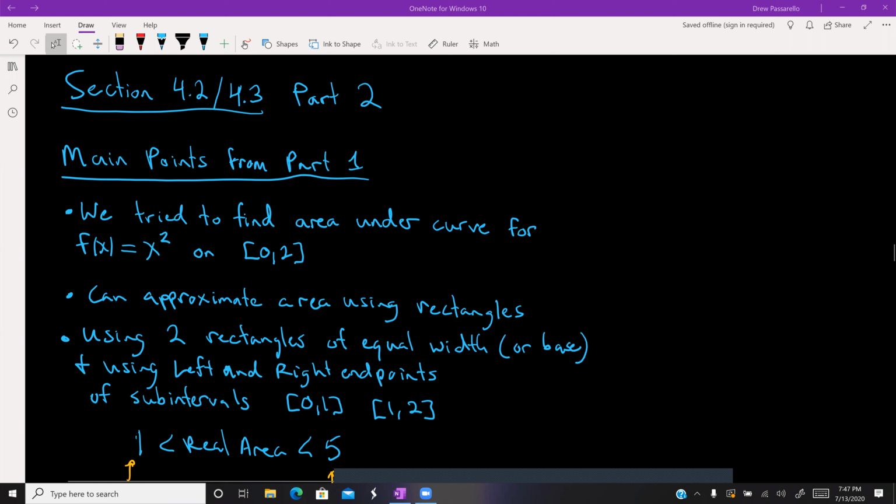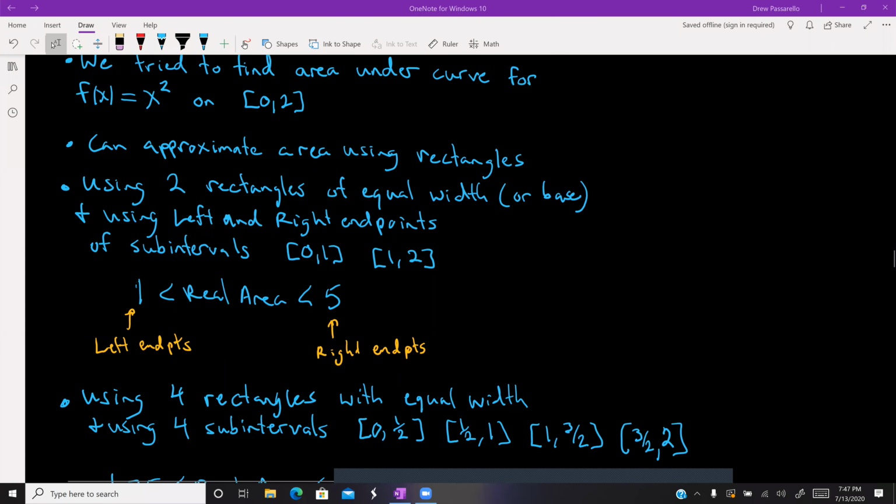So the idea is we can approximate the area using rectangles. At first we tried using two rectangles of equal width, or equal base, and we based our two rectangles on using either the left endpoints or right endpoints of each subinterval.